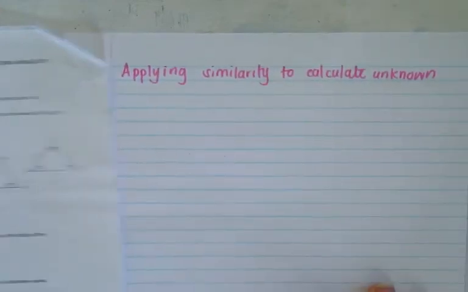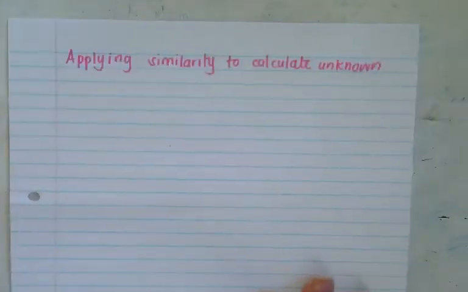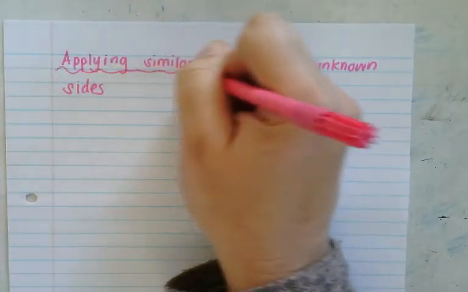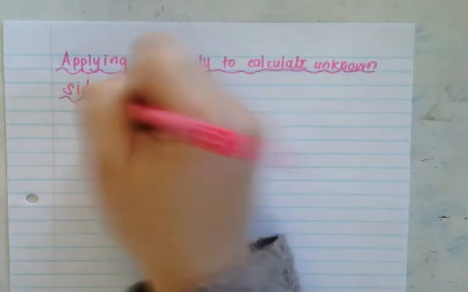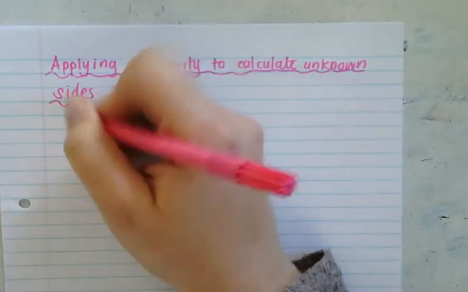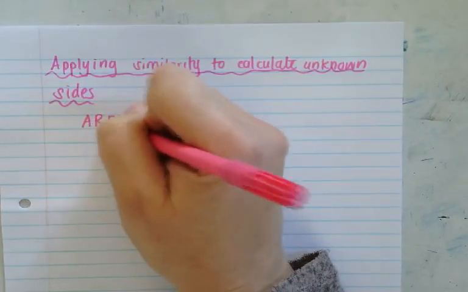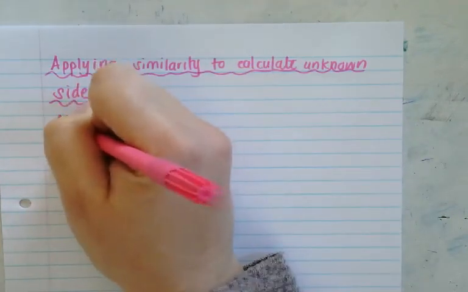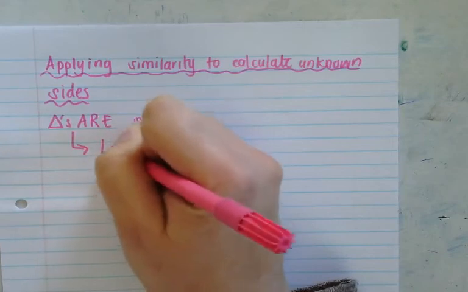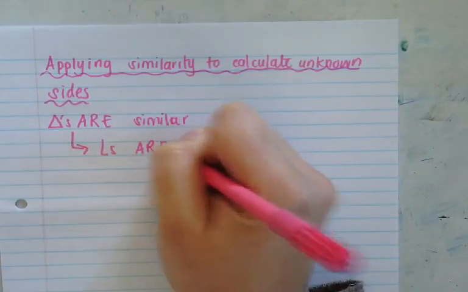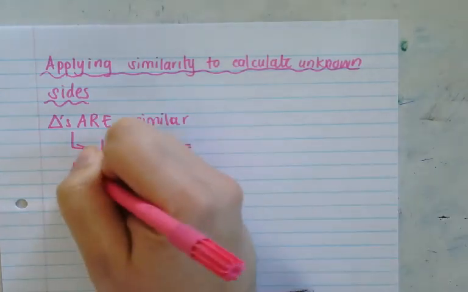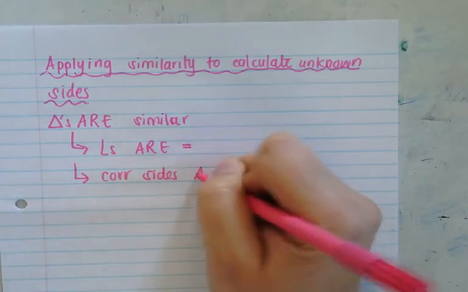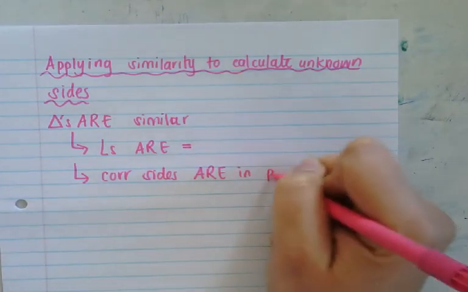When triangles are similar, then angles are equal, so your corresponding angles are equal, and corresponding sides are in proportion.